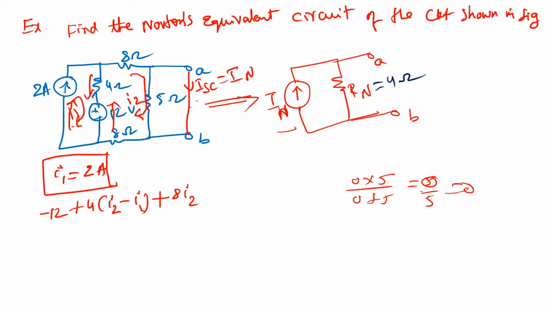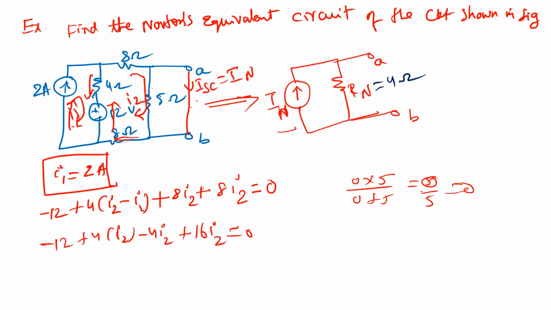So then directly I am going to take it. That will not be taken, this one only, then after it will come. This is the 8 I2 is equal to 0. So minus 12, then 4 I2 minus 4 I1. So this is a 16 I2 is equal to 0.